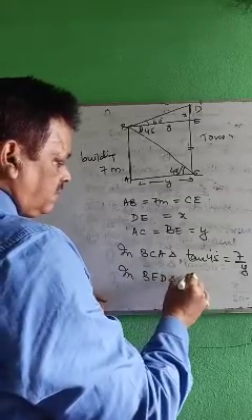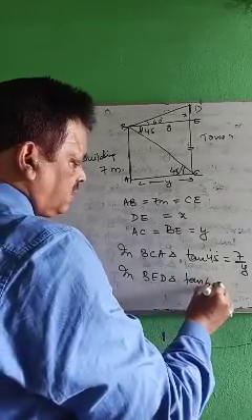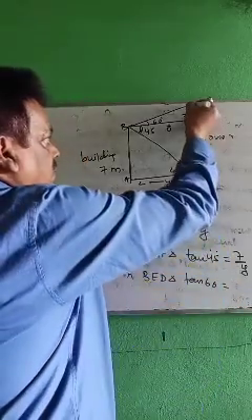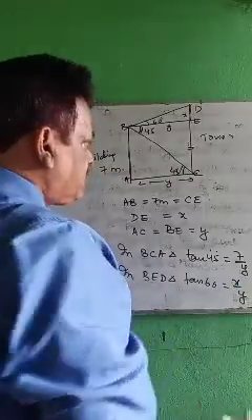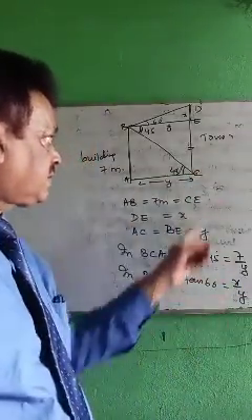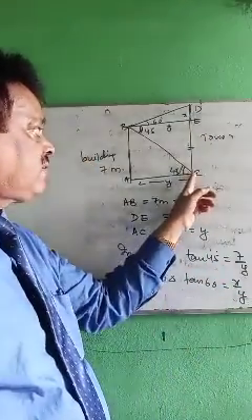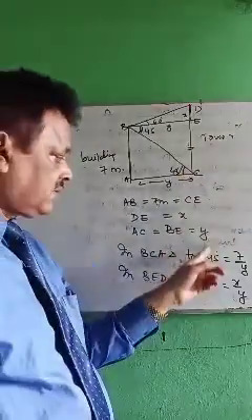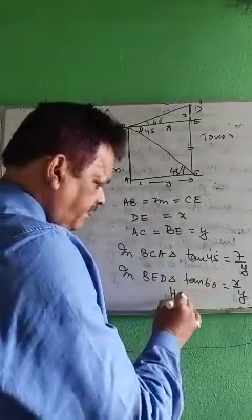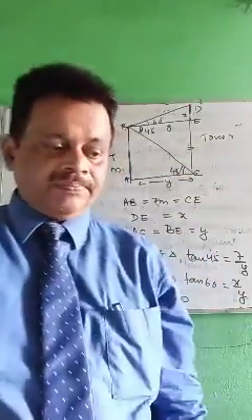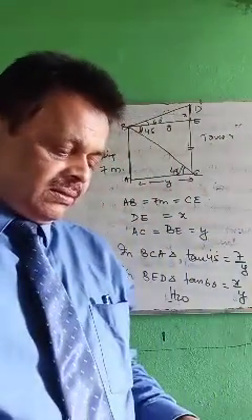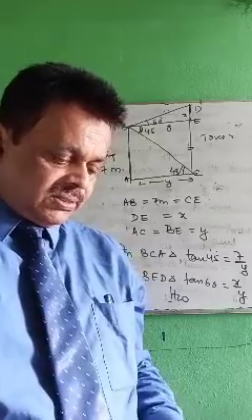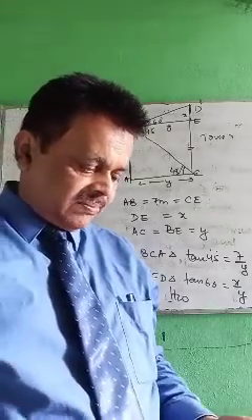In BED triangle, tan 60 equals to X by Y. So after finding X, X plus 7 will be the height of the tower. So try to solve the homework. Simplification you have to do. Okay. Next. Let's see the next question. Question number 13.